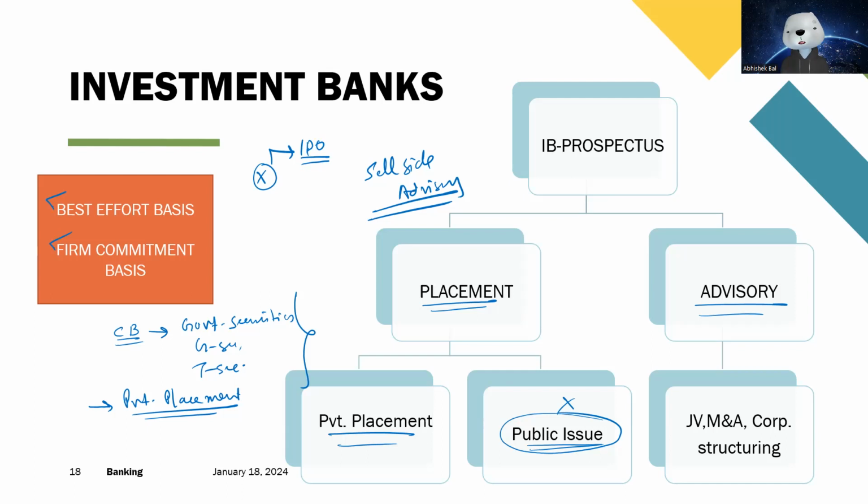On a best effort basis, the investment bank would charge perhaps a flat fee. An investment bank also charges a flat fee in private placements as well. But in case of an IPO, the investment bank may charge a flat fee, or it can go in for something called a firm commitment.